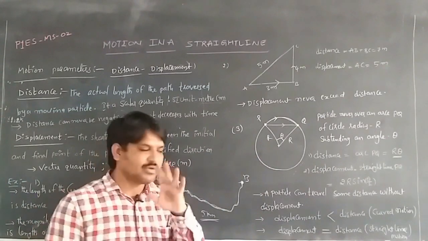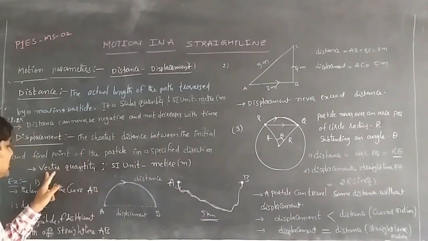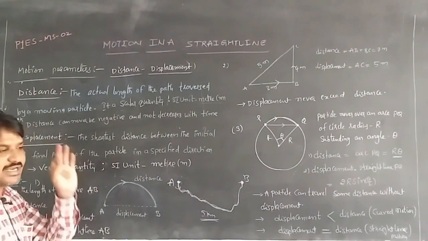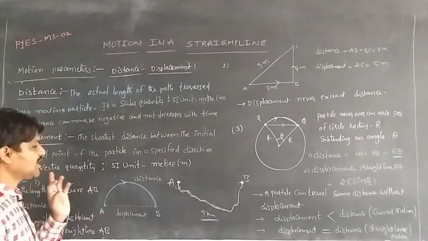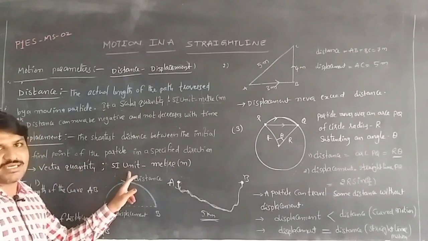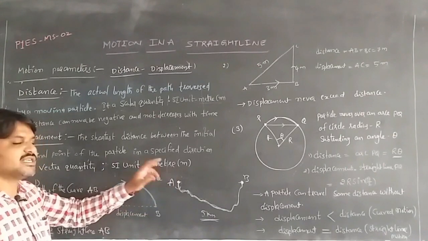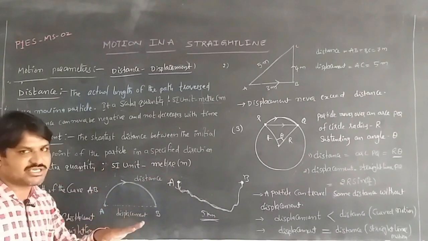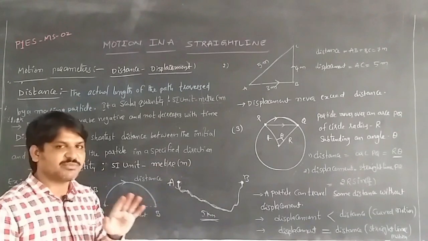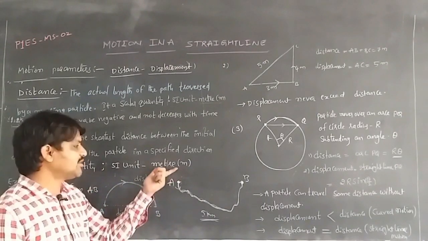We are going to see how that is possible. It is a vector quantity because it has direction and magnitude. The SI unit of displacement is the meter. It is also measured in kilometers and centimeters. The CGS unit for displacement is the centimeter, and the SI unit is the meter.